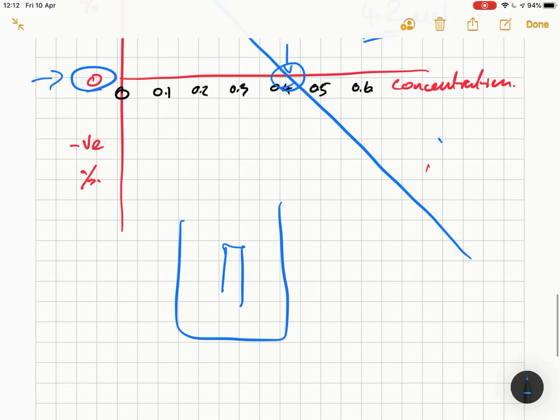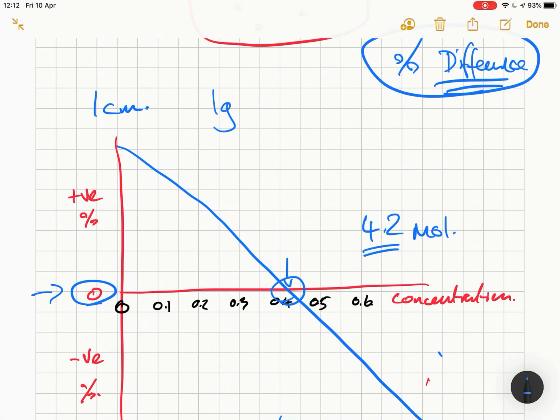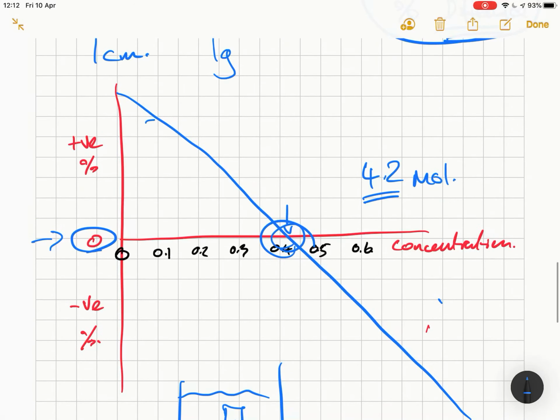So if we've got no difference in the mass of the potato from the start to the finish, this was the potato at the beginning, and it's the same mass at the end, that must mean the concentration outside the potato and the concentration inside the potato must be exactly the same, because there's no overall movement, there's no difference, there's no gradient. So the water movement will be overall net 0 at the concentration that's equal to the inside of the potato.